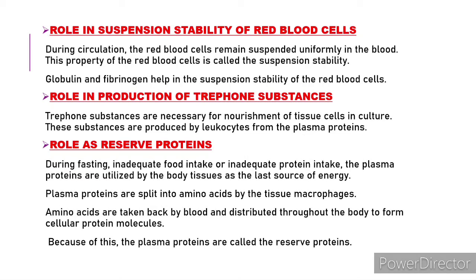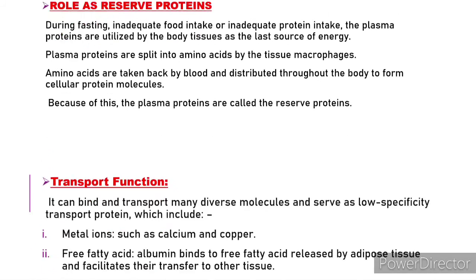These plasma proteins are split into amino acids by the tissue macrophages. Amino acids are taken back by the blood and distributed throughout the body to form cellular protein molecules. Because of this, the plasma proteins are called the reserve proteins.